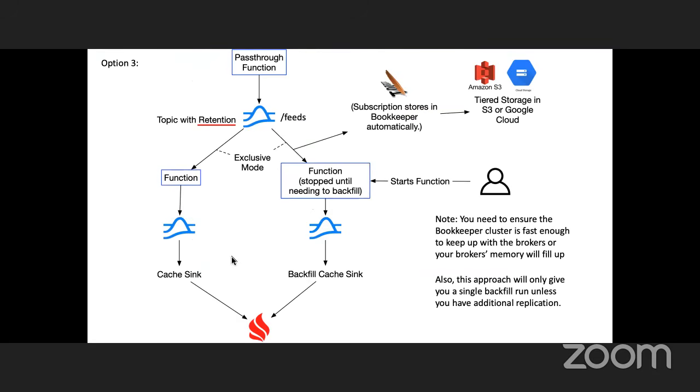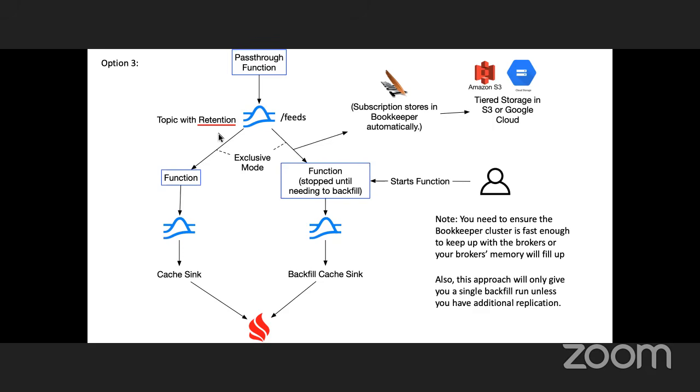Then option three is where you're using Pulsar's retention. If you use retention, especially in a high velocity topic, something you have to be very careful about is making sure that your bookkeeper cluster can keep up with your brokers. If the bookkeepers can't persist data as quickly as the brokers are ingesting it, the brokers are going to end up with memory problems.